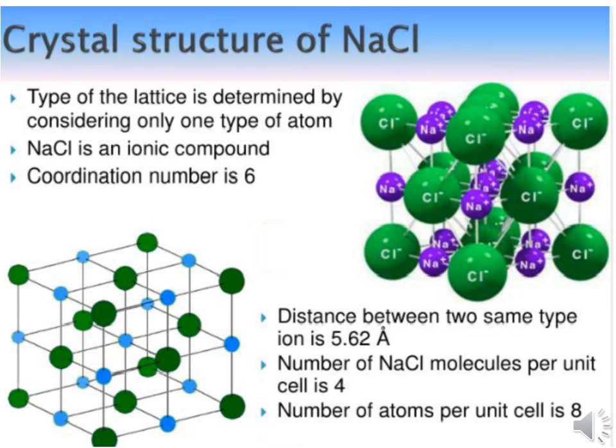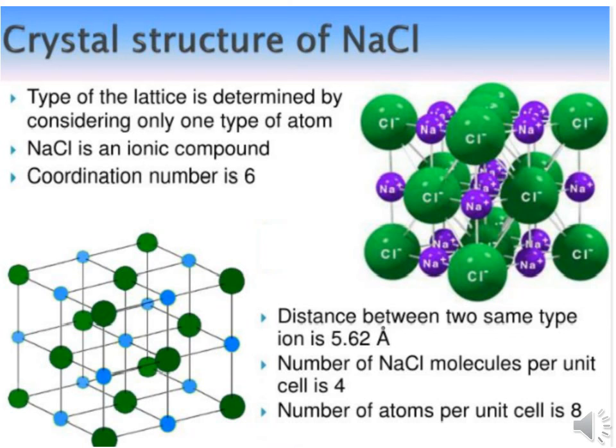Similarly, if Cl minus ions are considered, they constitute another FCC unit cell. The unit cell has 4 Na plus ions, 4 Cl minus ions, and 4 NaCl units present in the unit cell.